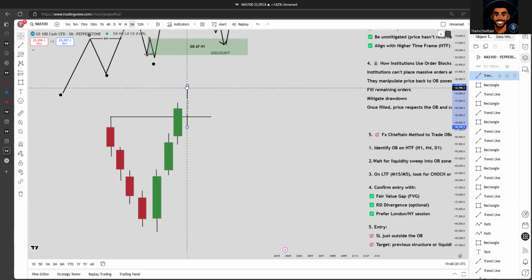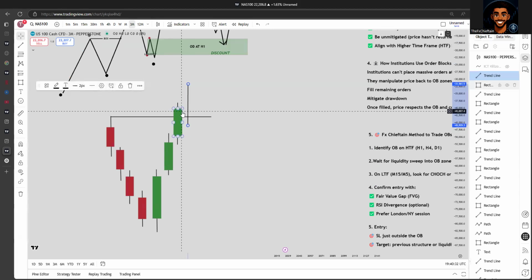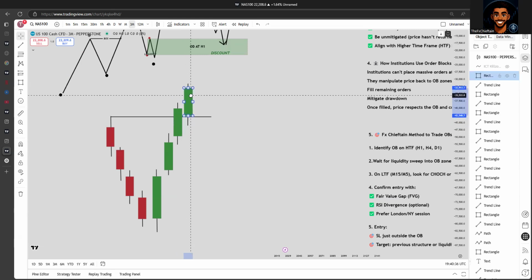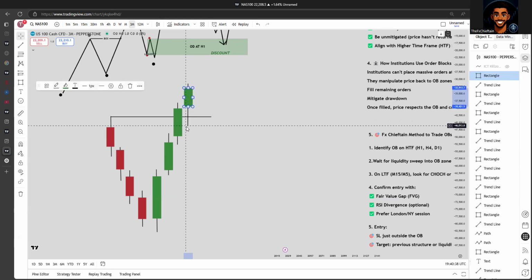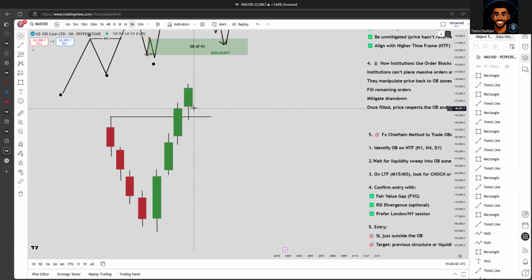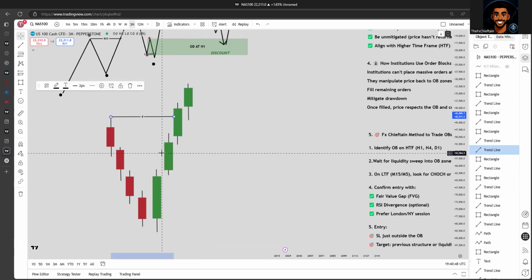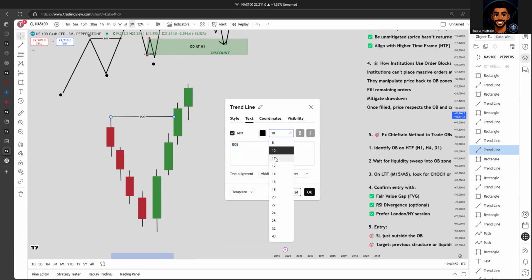So we have something like this. And we have something like this. All right. Showing that it has indeed broken structure. So you can put this here and call this a break of structure. It has broken that resistance level, and it has now become a break of structure.